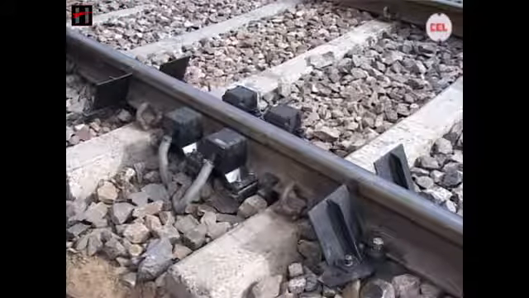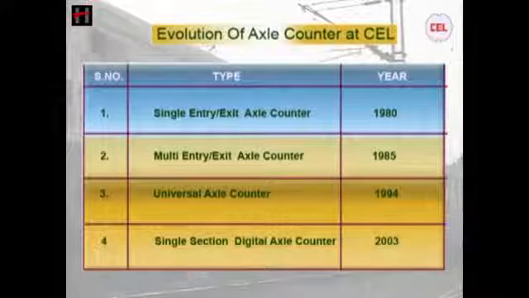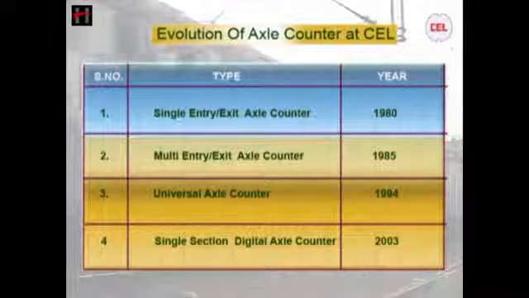Now, let us take a look at the evolution of axle counters at CEL. CEL and RDSO have jointly developed a single section digital axle counter, or the SSDAC, using a microcontroller.